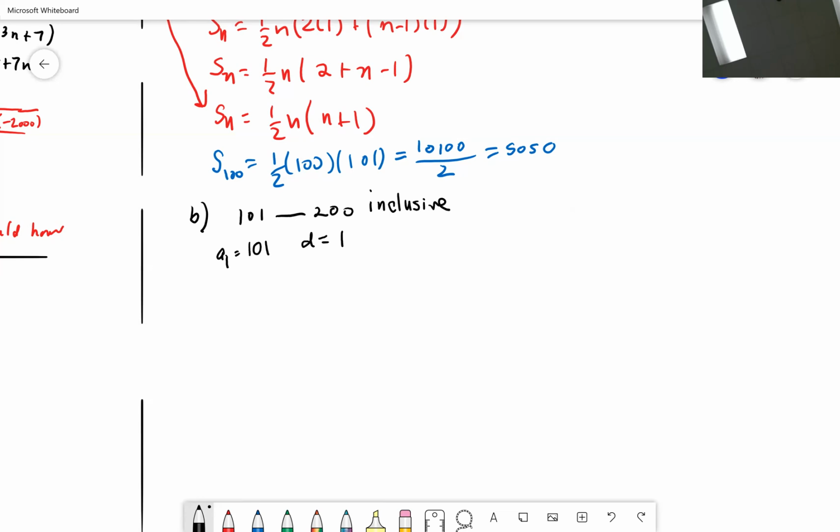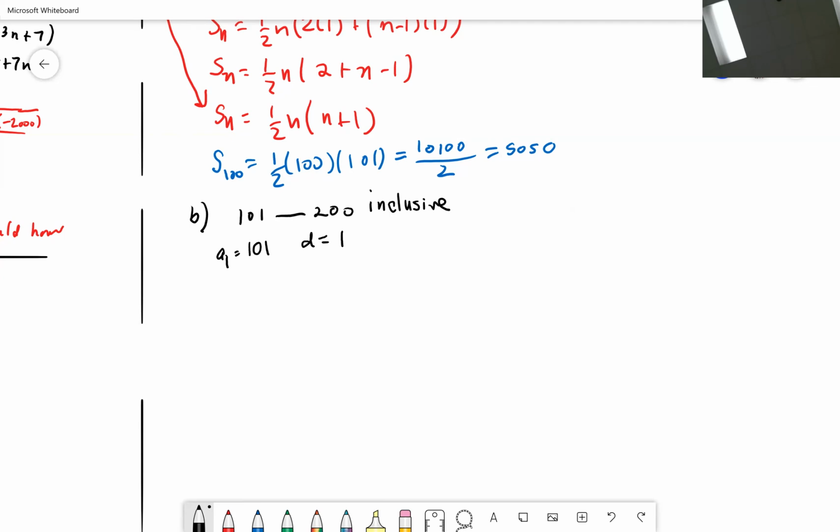Do you say 99? No, I think it's 100. Here's why. Look, 1, 2, 3, 4, 5, 6, 7, 8, 9, 10. So from 1 to 10, we have 10. So from 1 to 100, we have 100.